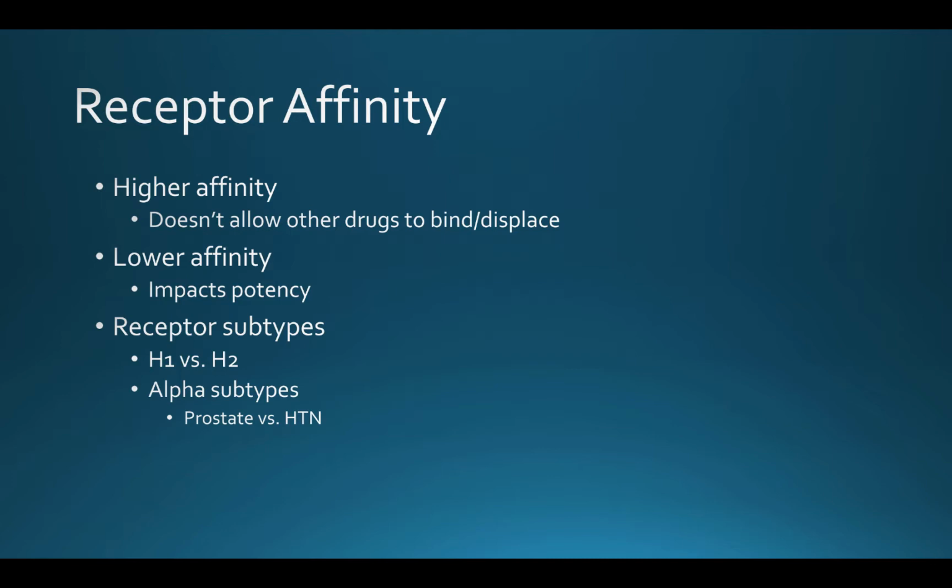Other examples: H1 versus H2, with H2 receptors being in the gut more so, and H1 responsible for antihistamine effects such as itching and allergic reaction. Another example is alpha subtypes, with alpha receptors on the blood vessels versus in the prostate and urinary tissue. Another example of where affinity, selectivity, and these terms play a role.